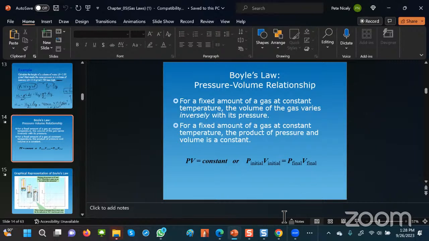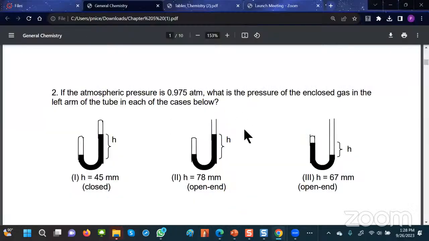Okay, so in the case of number 3, you're going to have the barometric pressure acting in this direction on that side.